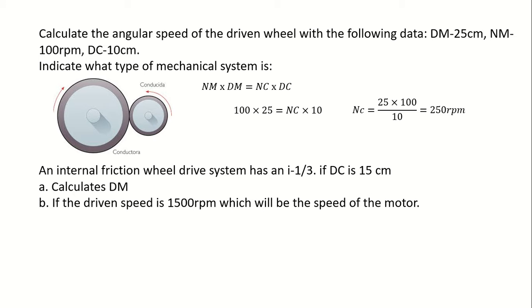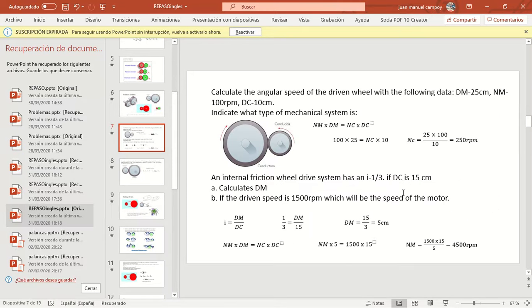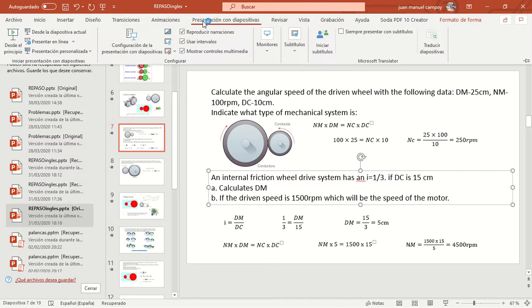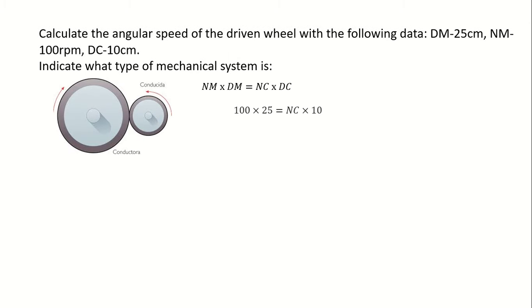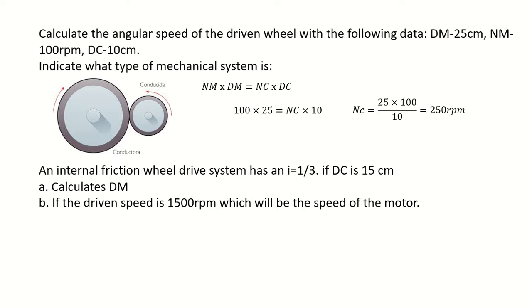Okay, now another one. An internal friction wheel drive system has an I, that is the transmission ratio, of 1/3.